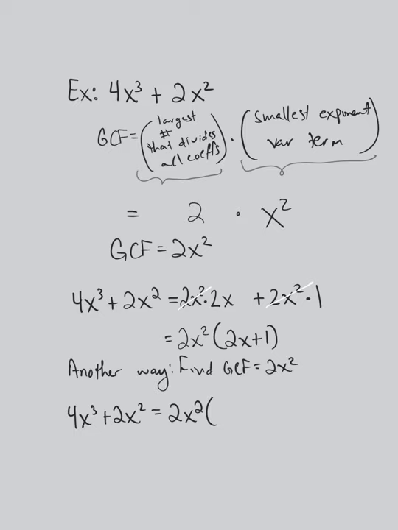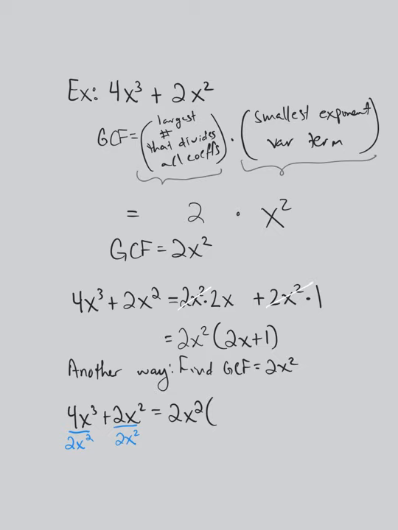So long story short, I can come back over here to my original and write each part, each one of them, over the GCF. Just remember that's dividing. What did our last video talk about? Dividing monomials. And this is just dividing two monomials right here. So all I have to do is divide those.